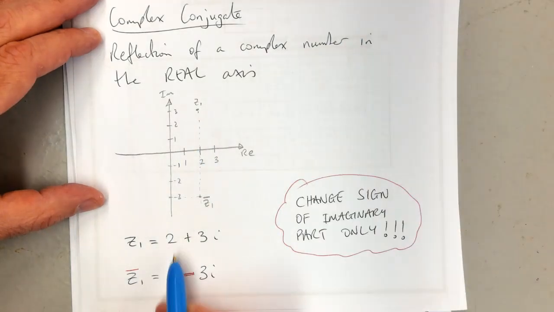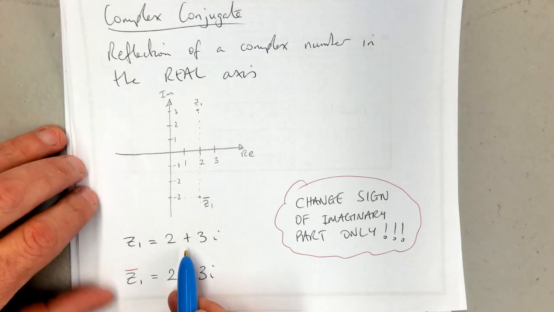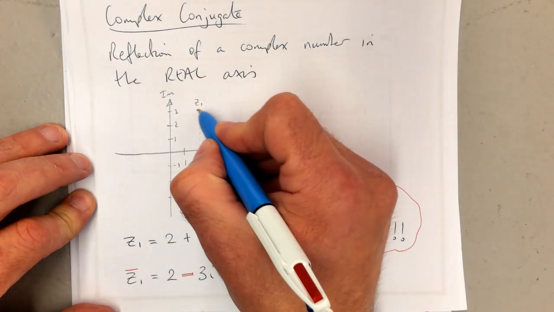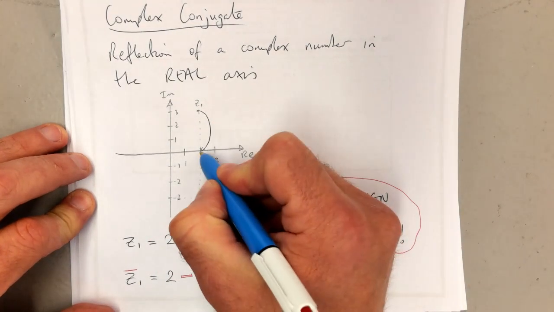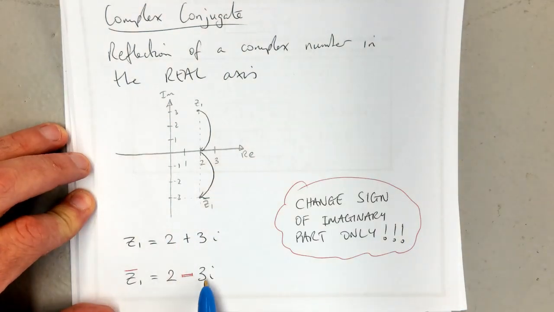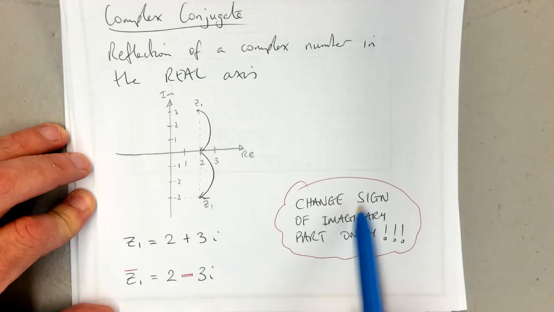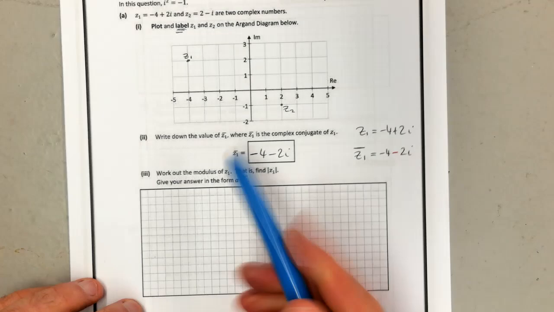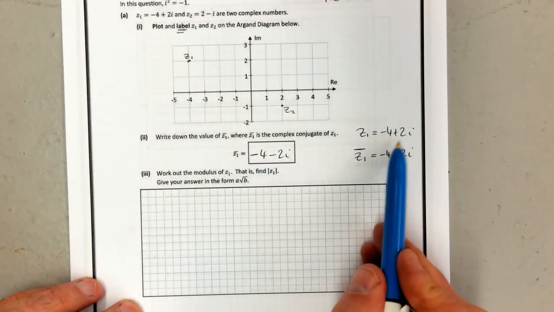Z1 here is 2 plus 3i, and if I reflect that in the real axis, down to here, on the far side, we'll end up with 2 minus 3i. As you can clearly see, you change the sign of the imaginary part only. So that's the complex conjugate there. So again, changing the sign of the imaginary part, it's minus 4 minus 2i.